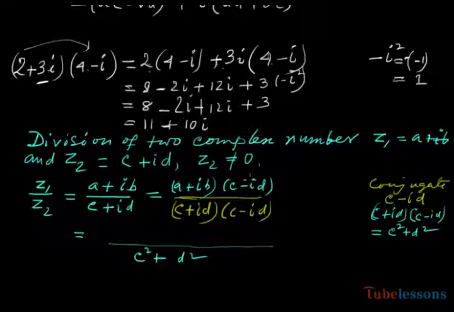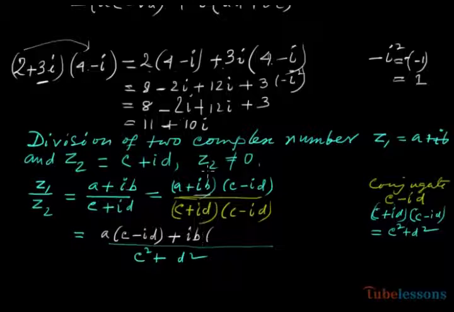So A multiplied with C minus iD, plus iB multiplied by C minus iD.